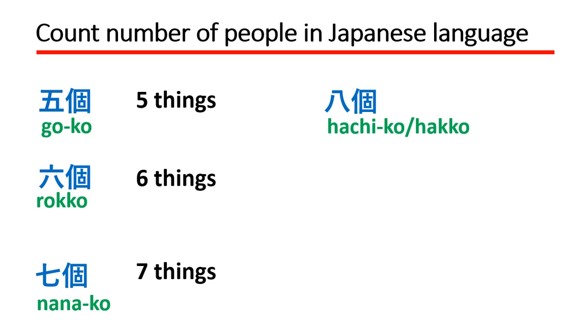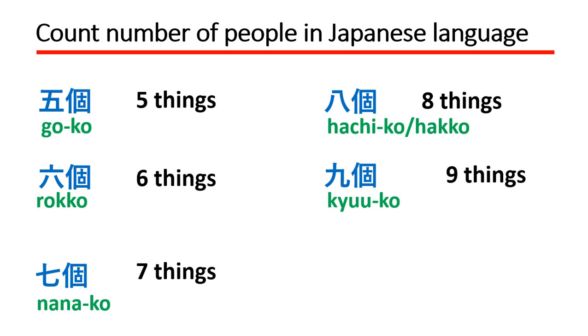Hachiko or hakko, which means eight things. For eight things, you can say two sounds, hachiko or hakko. It has the same meaning, eight things. Kyuko, nine things. Jukko, 10 things.